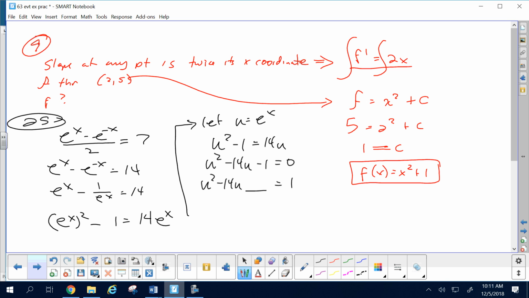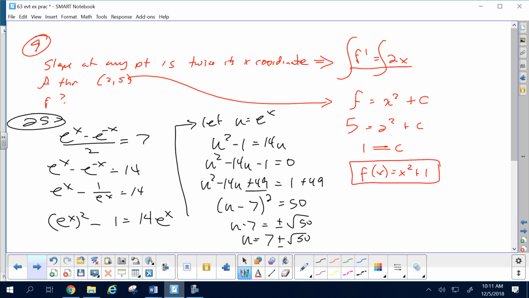Divide by 2 and square, so 49. You must balance by 49 there, right? u minus 7 squared equals 50. u minus 7 is plus or minus the square root of 50. So u is 7 plus or minus the square root of 50.